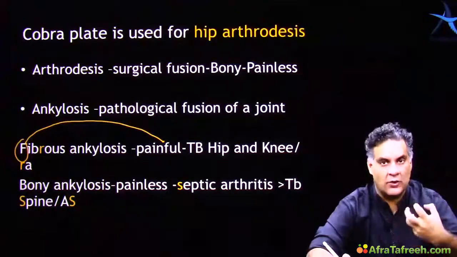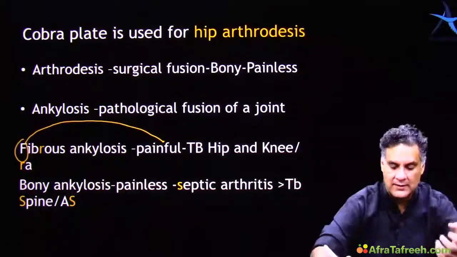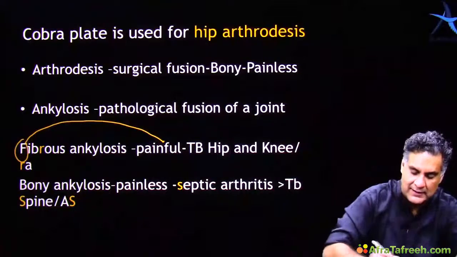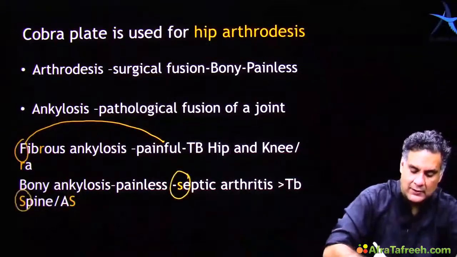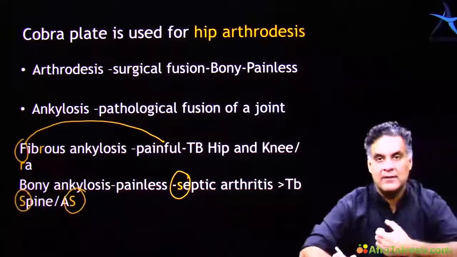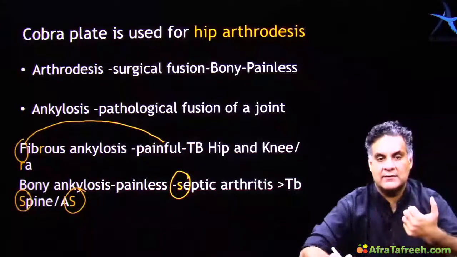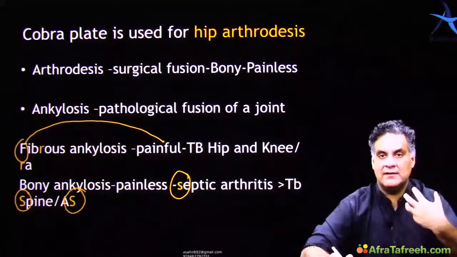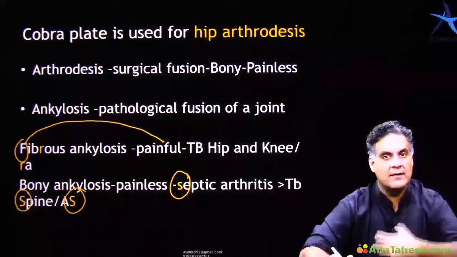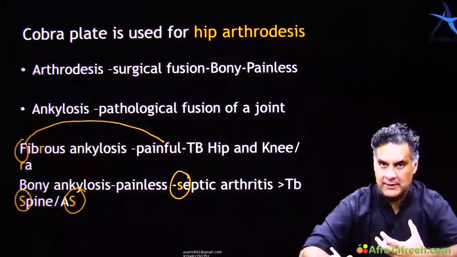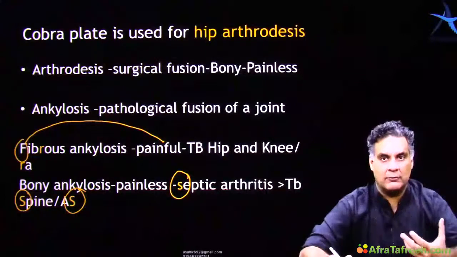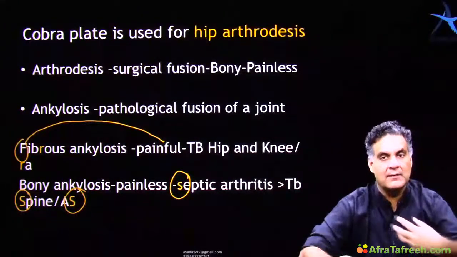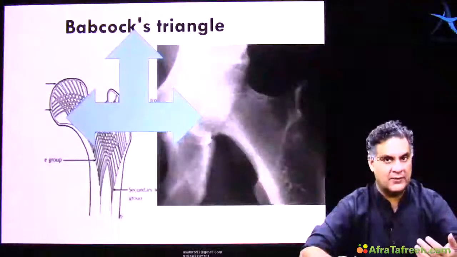Bony fusion, which is rock-solid fusion, is seen in joint infection like septic arthritis, spine TB or ankylosing spondylitis. S for solid, S for septic, spine TB or ankylosing spondylitis. And when there is a surgical fusion of a joint, it will always be bony, but it will be painless. An example is the cobra plate used for hip arthrodesis. But the trend today is to replace the joints.